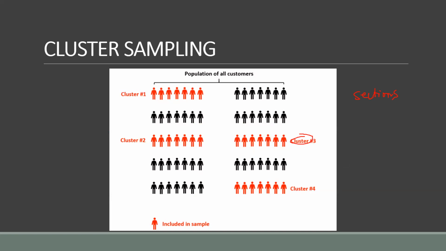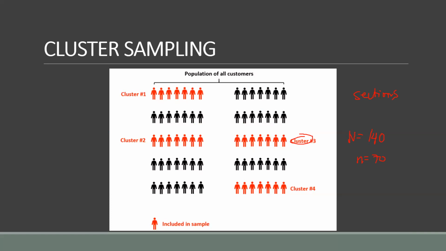Then, once you have divided them into sections or clusters, you could randomly select. So let's say for a total of 140 individuals, which would be your population, you will be obtaining a sample size of 70. So with that, you need to obtain at least 5 clusters.